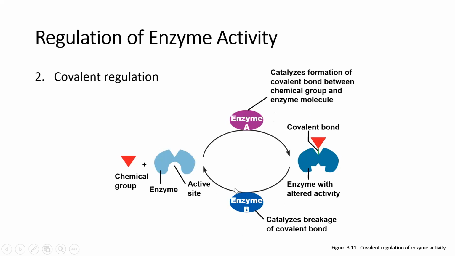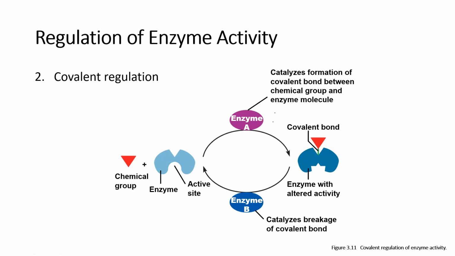We have another enzyme that comes in, it cleaves this covalent bond, removes this chemical group, and then we've got the chemical group and the enzyme. And in this scenario, again, this could be turning the enzyme on or off depending on the specific enzyme in question. Okay, so here we've got 3 players involved. We've got the enzyme that's actually being regulated, turned on or off.